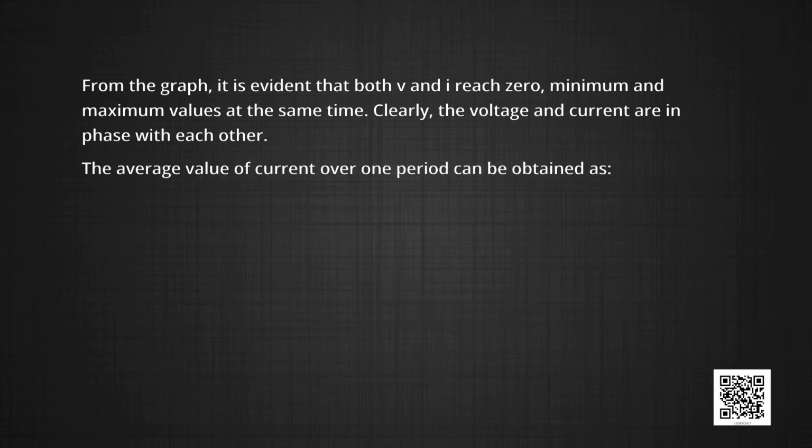The average value of current over one period can be written as I R bar, which is equal to 1 by T integral 0 to T of I naught sin omega t dt, which is equal to I naught divided by T integral 0 to T of sin 2 pi t divided by T dt, and that will equal 0.